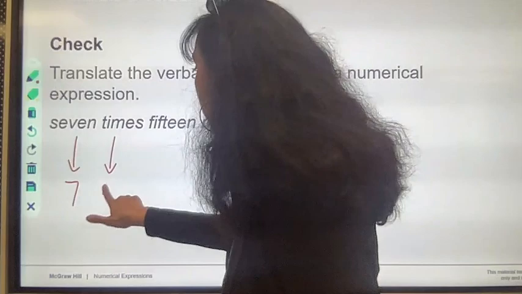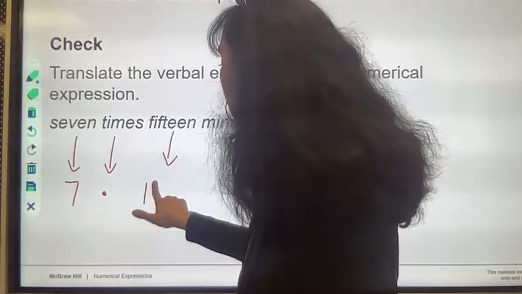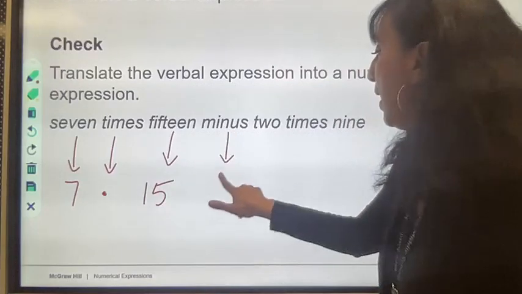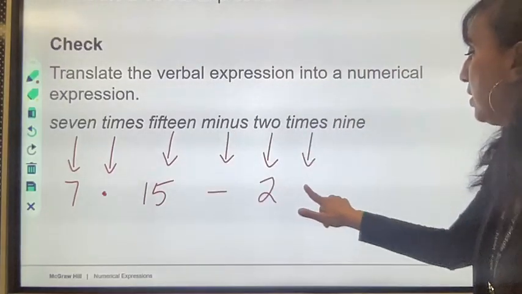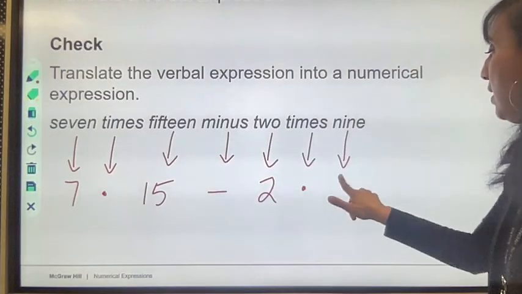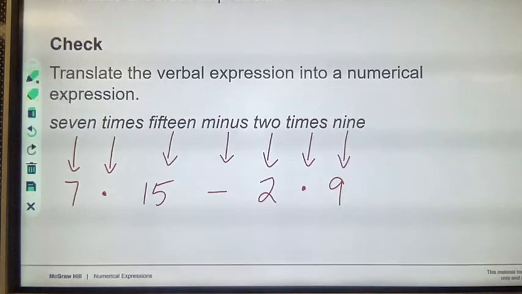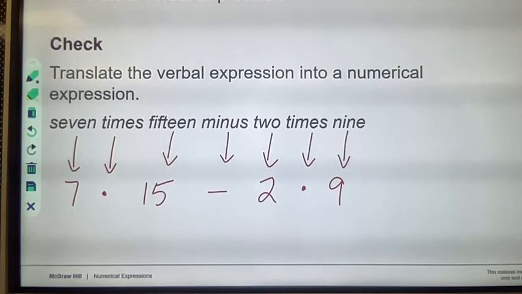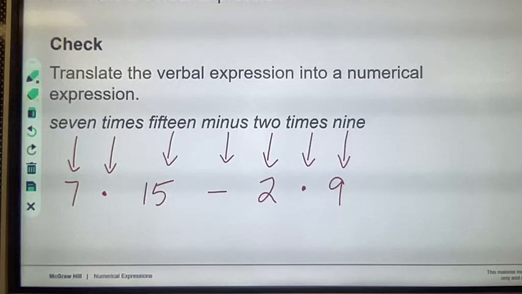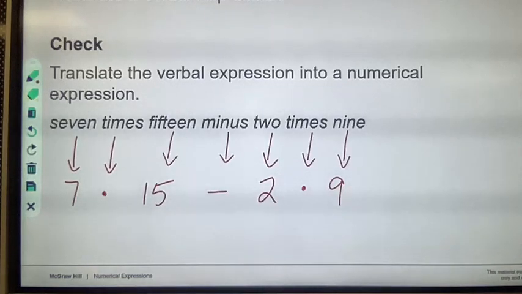So times 15 minus 2 times 9. Okay, so 7 times 15 minus 2 times 9, and this is my verbal expression translated into a numerical expression.